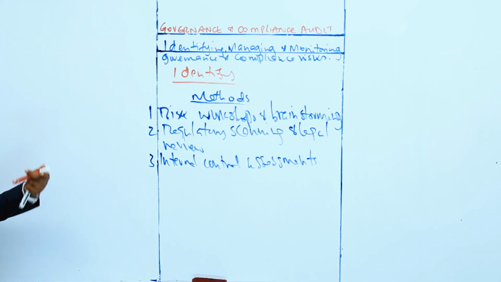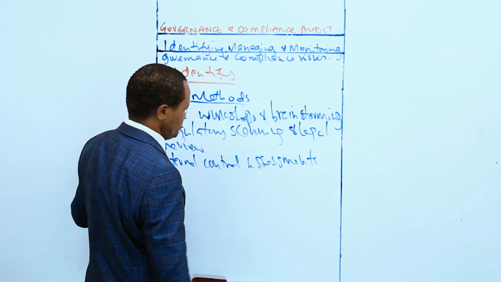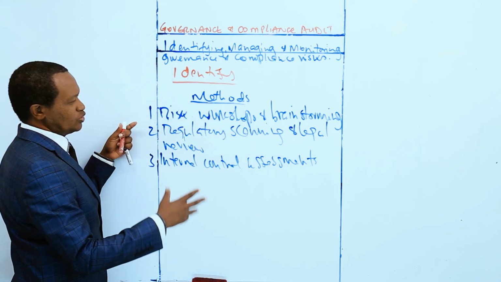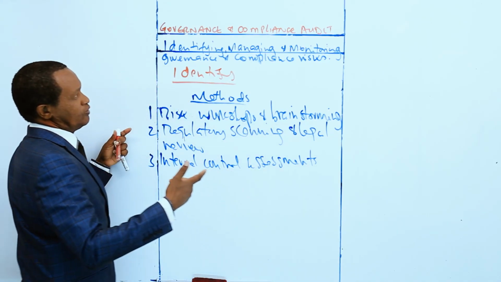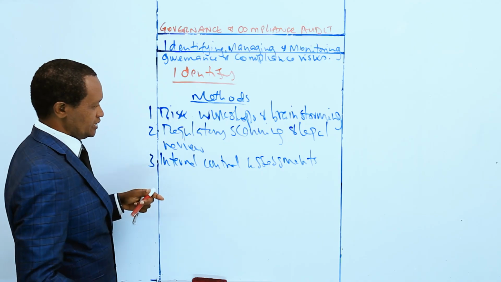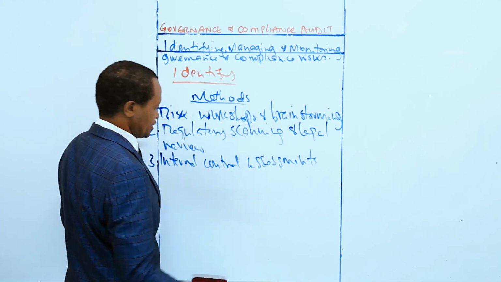That could be an indicator of increased governance and compliance risks. So if you have a weak internal control system, after carrying out an internal control assessment, that would indicate the presence of governance and compliance risks. Internal control assessment is another way. So the company can utilize frameworks like COSO to identify control gaps.